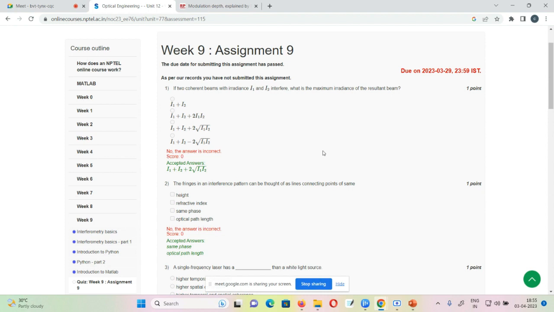Actually, intensities cannot interfere. What is the thing which is interfering? Actually, the interfering things are electric fields. Okay, electric fields can interfere, and intensities will come as the outcome of the interference.